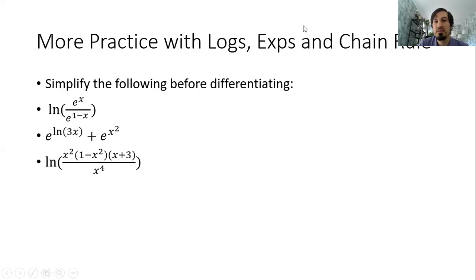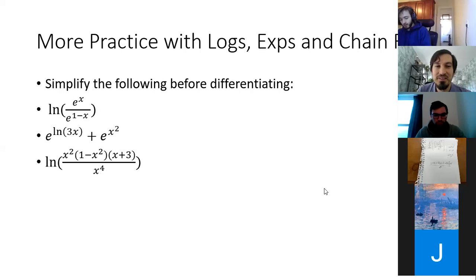Nobody knows? Are you confused, or are you just bored about how to simplify exponential functions like this? I'm talking about what is e to the x divided by e to the 1 minus x. Forget about the natural log right now, just combine those into one exponential function. What would it be? e to the 2x minus 1.